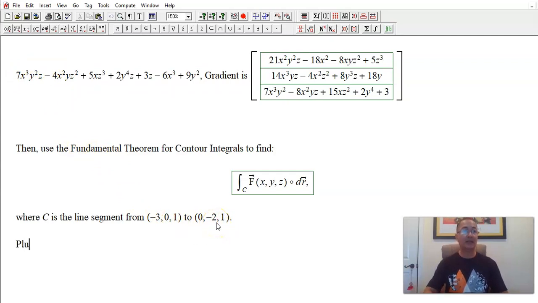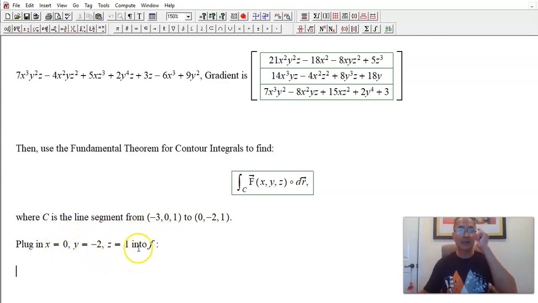Plug in x equals 0, y equals -2, and z equals 1 into our potential little f. Of course, I picked 0 so that those terms will go away. Same thing with 1, they essentially go away.